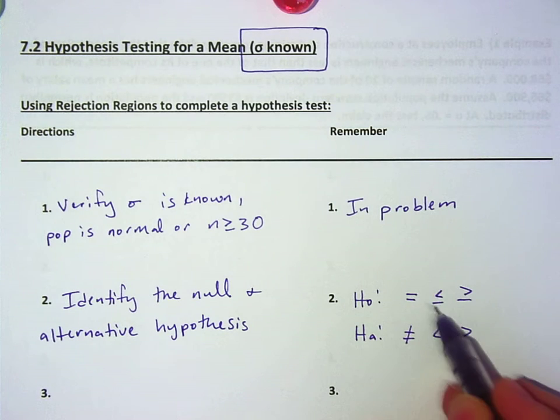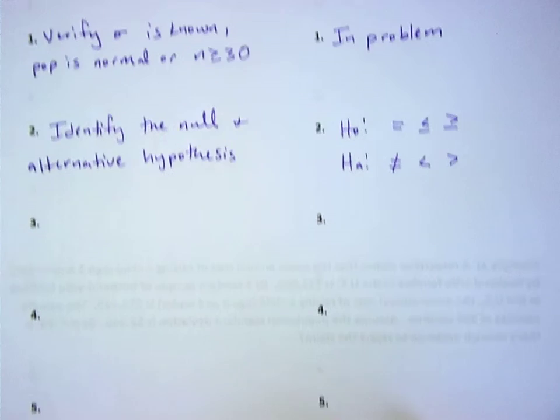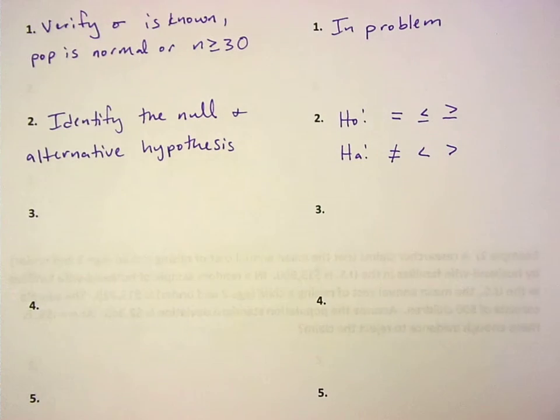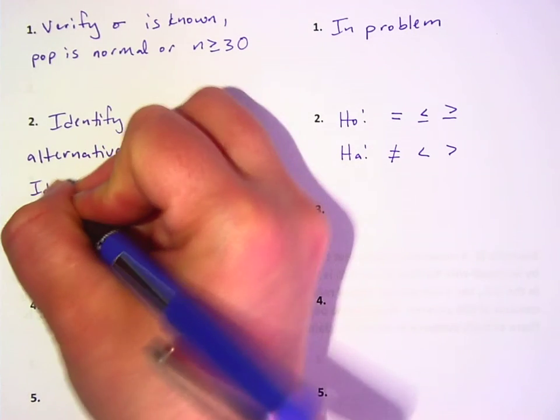So basically, if there's an equals to sign somewhere in there, that's the H sub O. And you probably should also identify which one's the claim.